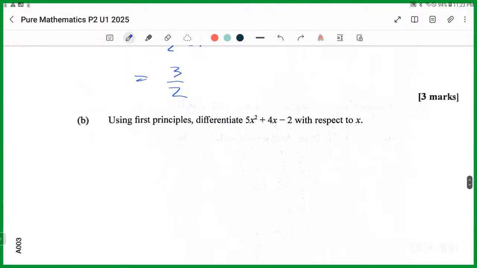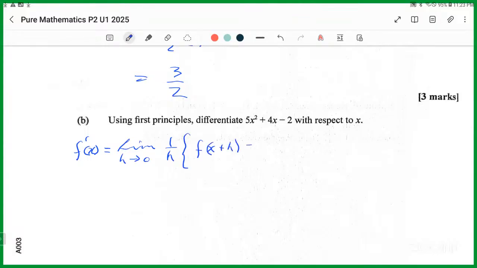So what is going to happen is that your dy by dx, or let's call it f prime of x, is the limit as h tends to 0 of 1 over h into f of x plus h minus f of x.